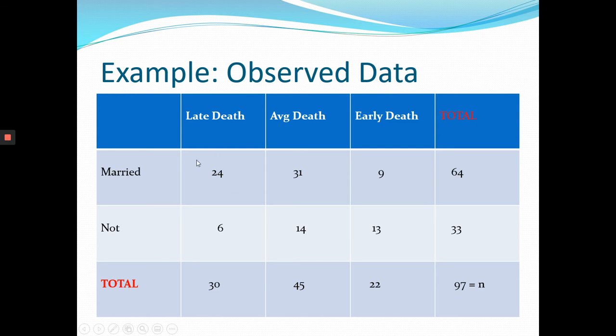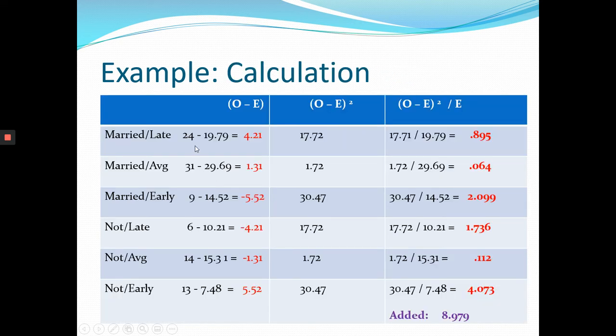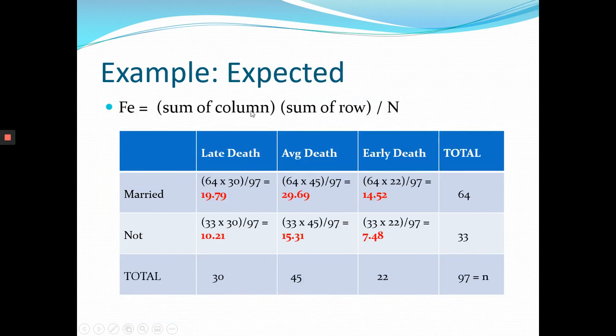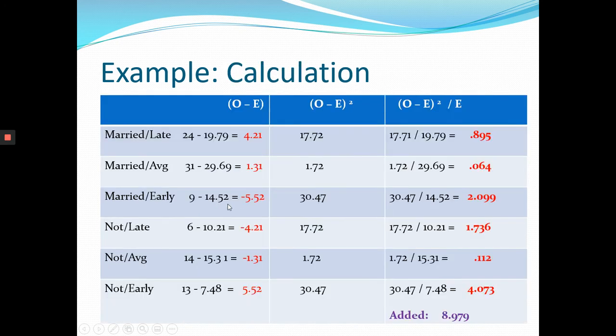The O was 24. What was the E? Well, let's go back and look at the E. Married, late, the E was 19.79.